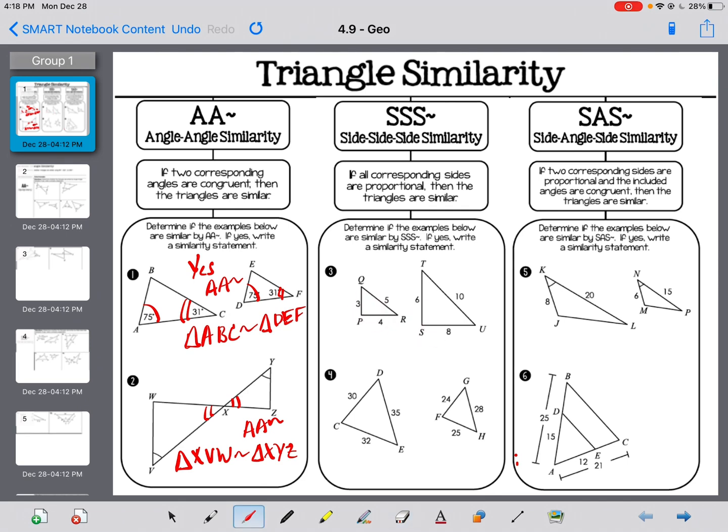We've got this one that sort of looks 90, but it's probably not 90. But let's start in that corner, right? So if we go S to T and S to the other, we got 3/6, which is 1/2. Then the hypotenuse one, we got 5/10, which is 1/2. And then the last one, we got 4/8, which is 1/2. They all have the same scale factor, so they're proportional. So, yes, because of side similarity.